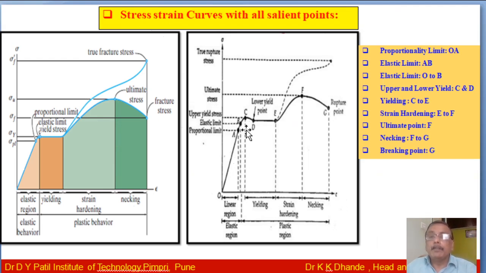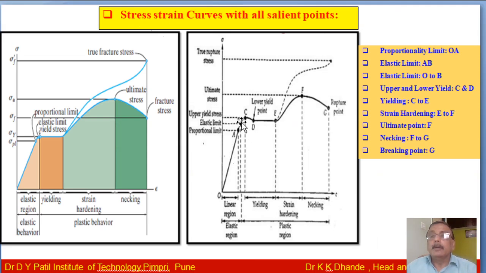Now after the point B, the specimen is not able to regain its original length. This region is known as the plastic region. Now why is it called the plastic region? Because after the point B, the specimen undergoes permanent deformations.